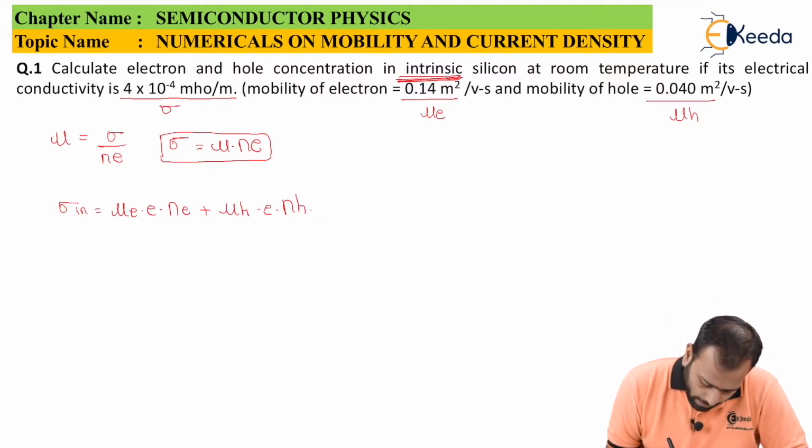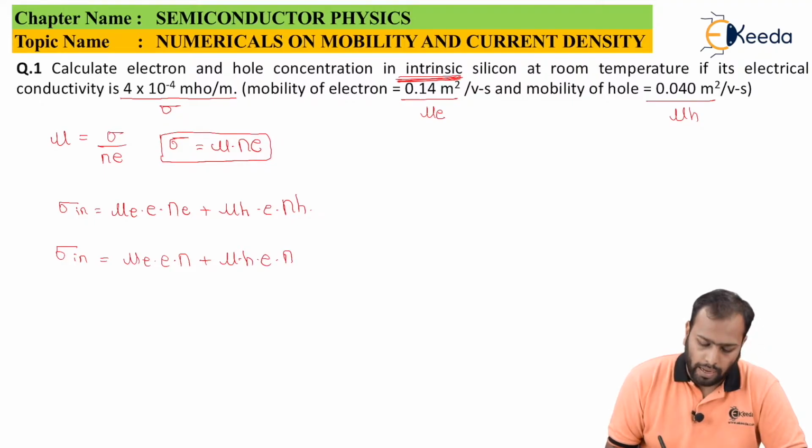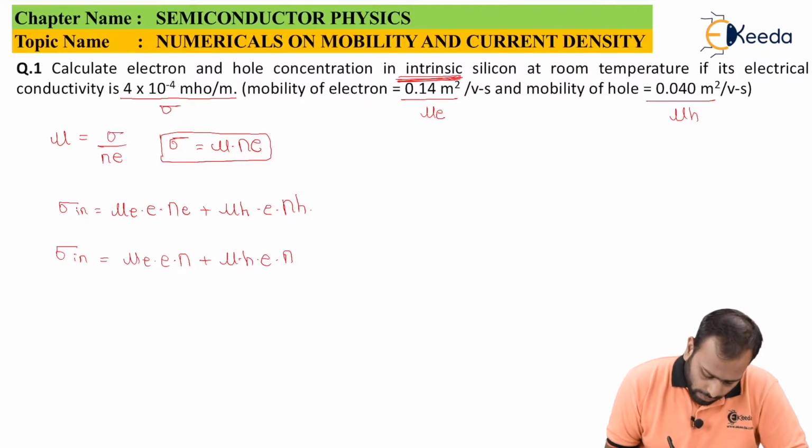So you have sigma for intrinsic is nothing but mu e into e into n plus mu h into e into n. I'll take this common, therefore sigma i will be equal to mu e plus mu h times e into n.